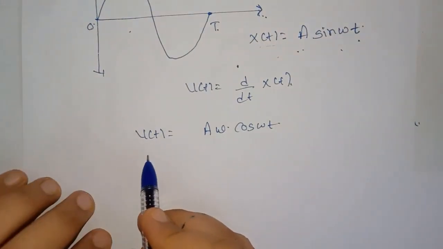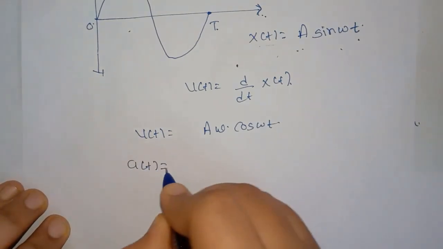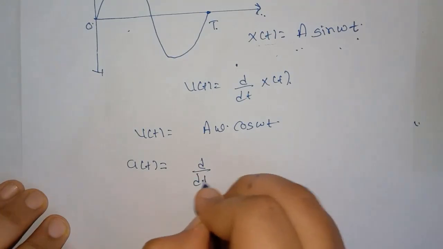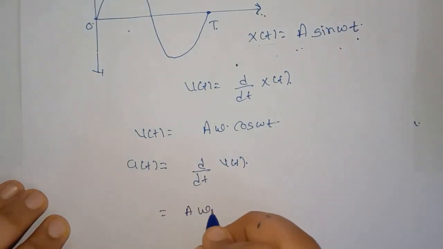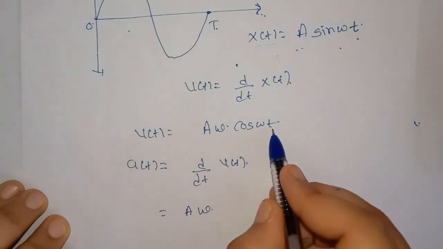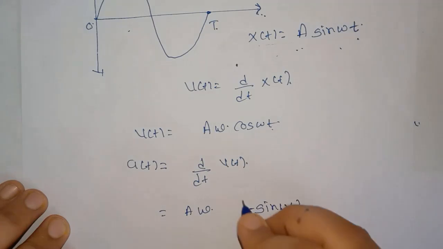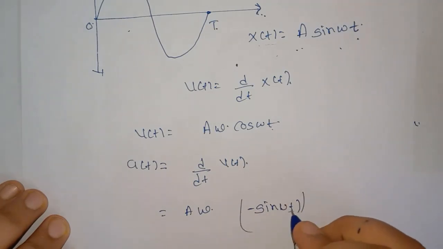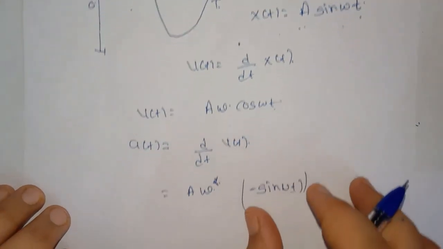Again, differentiate velocity with respect to time, we will get acceleration. a of t equals d by dt of v of t, that is equal to A omega. The differentiation of cos omega t is minus sine omega t, and again differentiating omega t with respect to time, we get omega, that will be omega square.